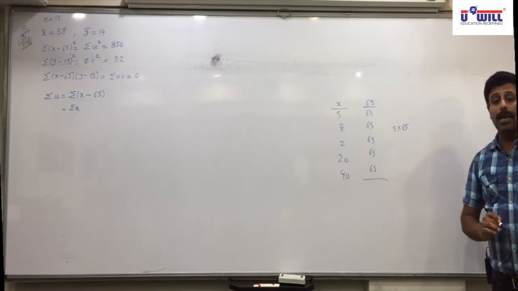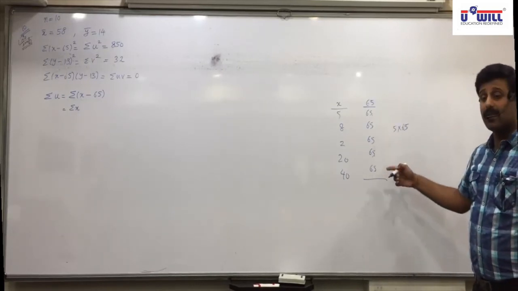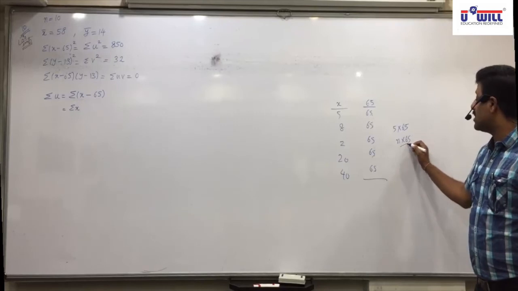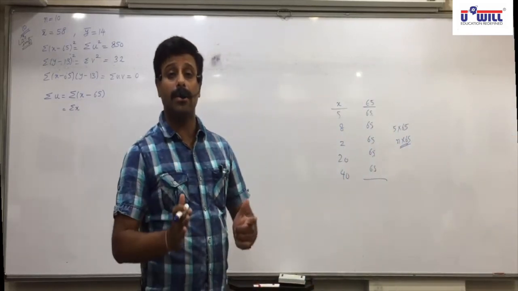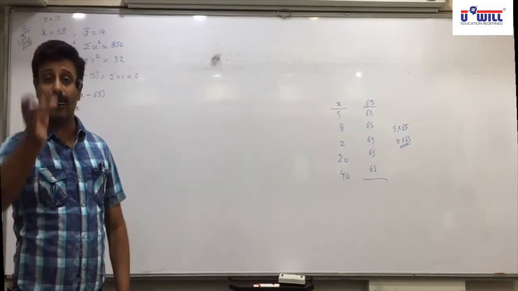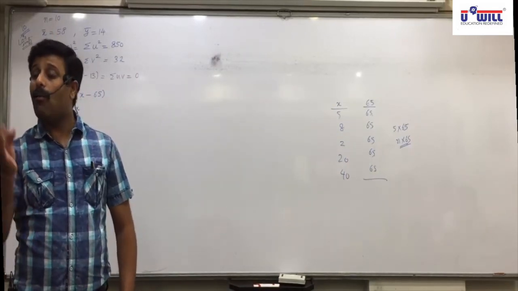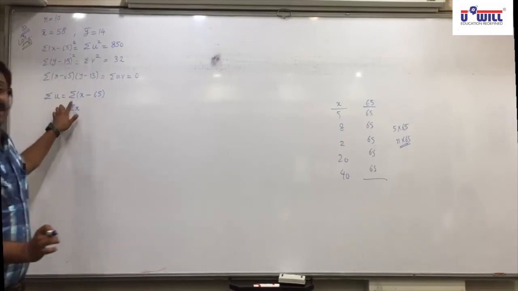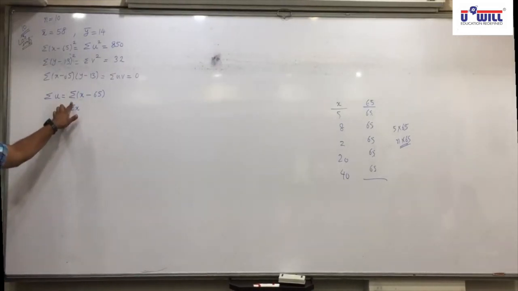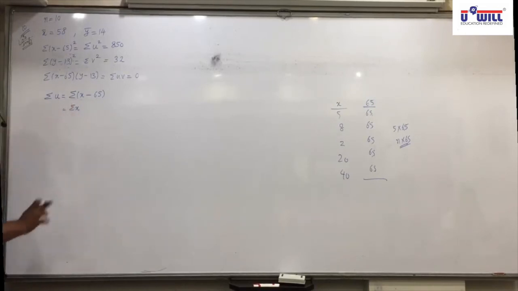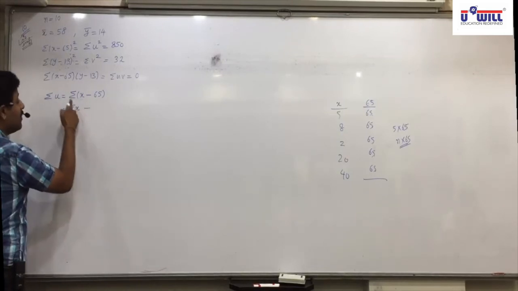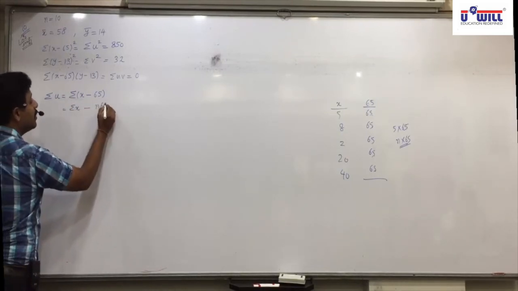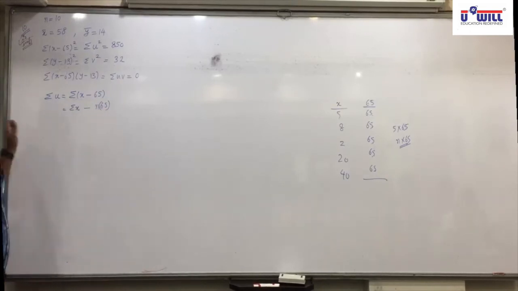In short, what is the total of all the values of 65? n into 65. 65 is a constant number. So if all the values are 65, what will be its total sigma? n into 65. So when we open the bracket, sigma x becomes sigma x, but sigma 65 becomes n into 65.